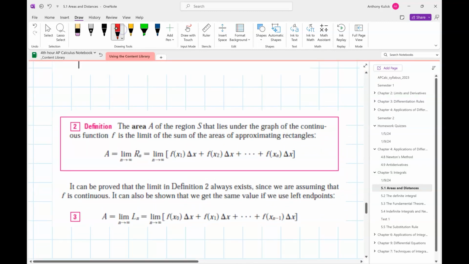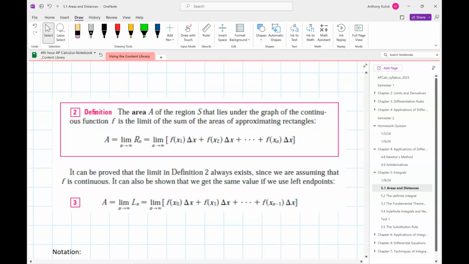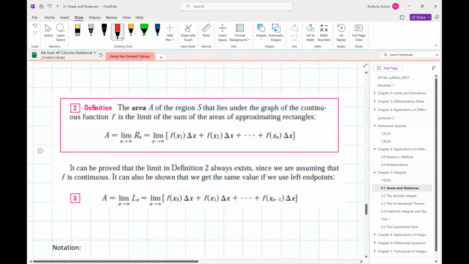So in general here, we can do even better than this, because these values in these definitions, these x1s, x2s, xn's, don't even have to be the endpoints of our subintervals.